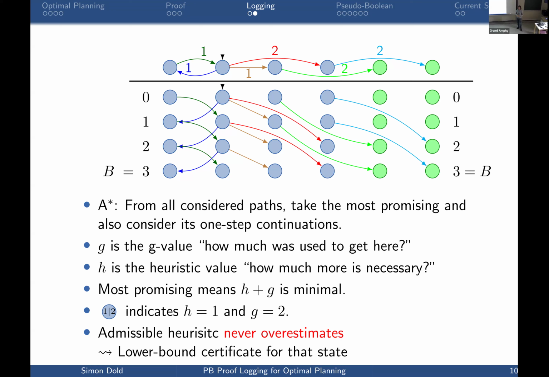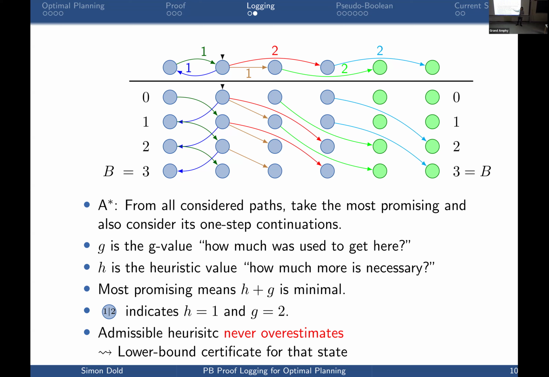And the key idea of the A-star algorithm is that you have a set of considered paths, and you look at them and you take the most promising one, and you start to consider also its one-step continuations. The question is, what does promising mean in this context? For that, we look at the G value and the H value.